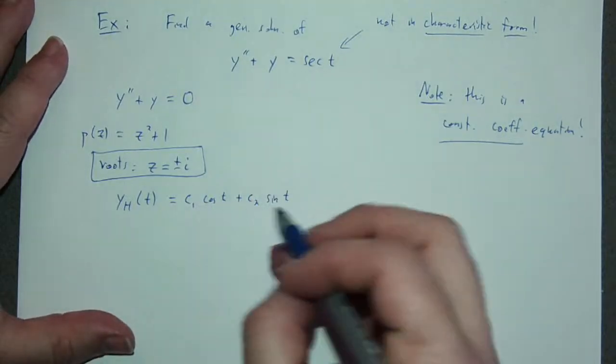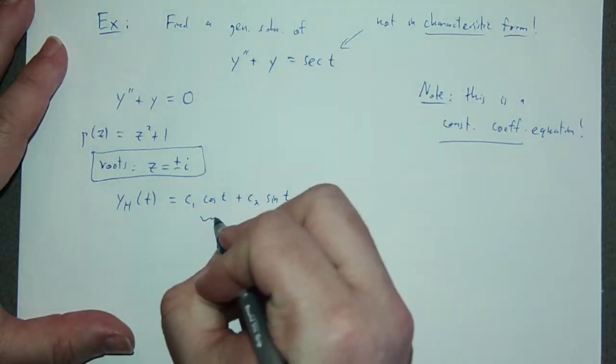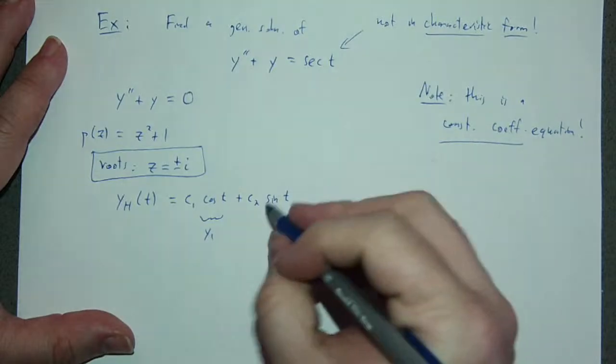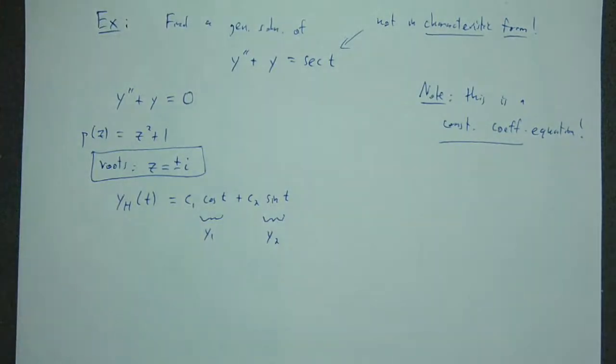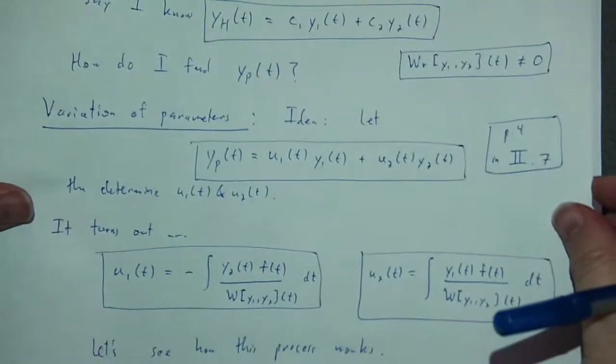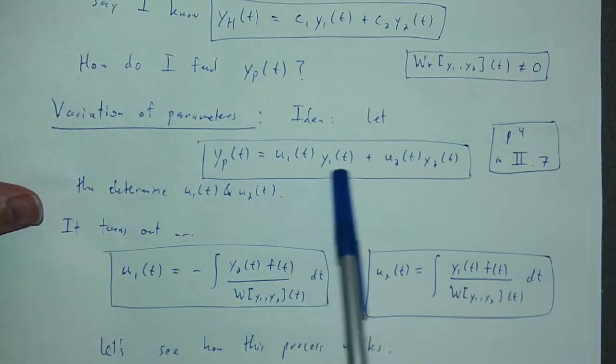Now, if that's what we've said, then this is our y1, and this is our y2 in preparation for what we're going to do with variation of parameters. All right, so what do I need? Let's look. So my particular solution looks like this.